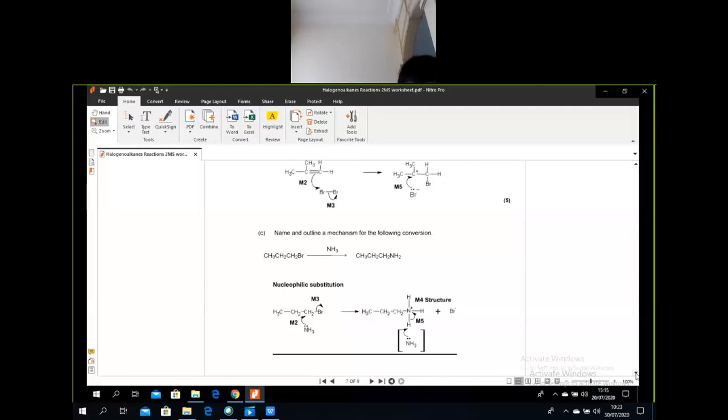The mechanism is called nucleophilic substitution because the bromine is being replaced by NH2. Here, the lone pair in the ammonia can make a dative covalent bond with the carbocation. Because the carbocation occurs, the electron in the carbon is being taken by the bromine.